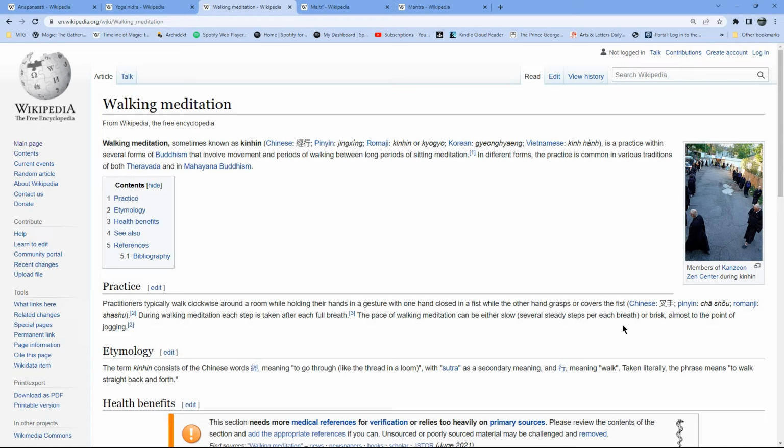Now the nice thing with working that out is, of course, you can not only regulate how fast you walk to try and make it match up. Maybe you do want to walk a bit slower, a bit faster, but you can also regulate the counting of the steps. And it is possible as well to break outside simply the practice of walking meditation into more breathing exercises in and of themselves, where you're even holding the breath for, say, 1 step.